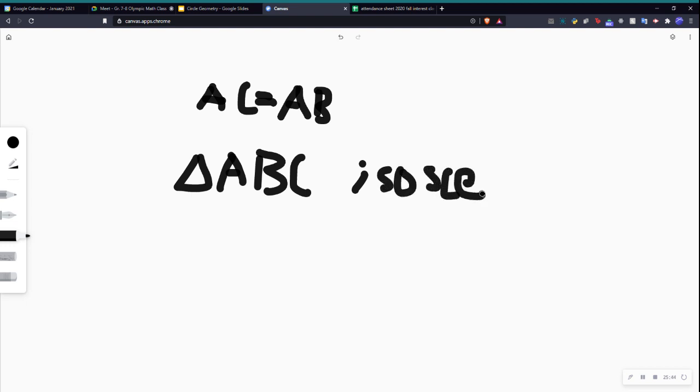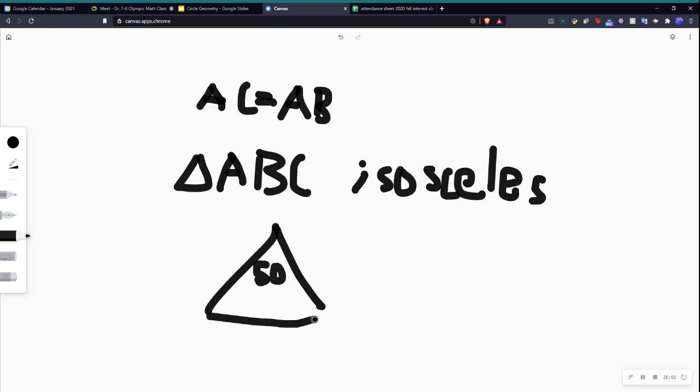I think this is how you spell it. Actually, I forgot how to spell isosceles. It's a pretty difficult word to spell, but something like that. Isosceles triangle. So I'll just draw it out. This is 50, and say A was here, C was here, B was here. We're trying to find angle ABC, and it's fairly simple to do.